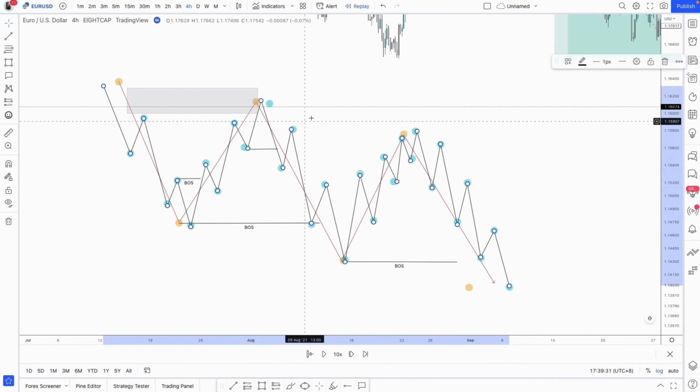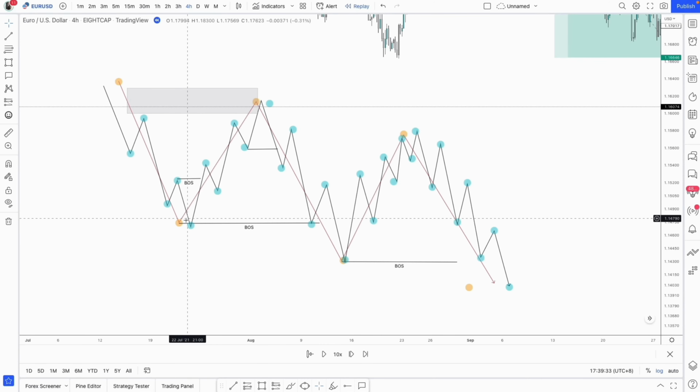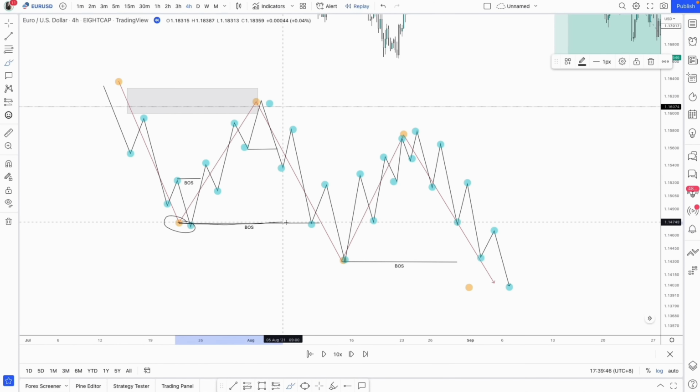Realignment looks like this: when the internal structure was bullish and then has a break of structure to the downside. Now the internal structure is bearish. That is when we know we've had a confirmation that this low down here is about to be broken. And as you can see, it does. Price continues to break until at some point price will put in an order flow lower low and then an internal higher high again.